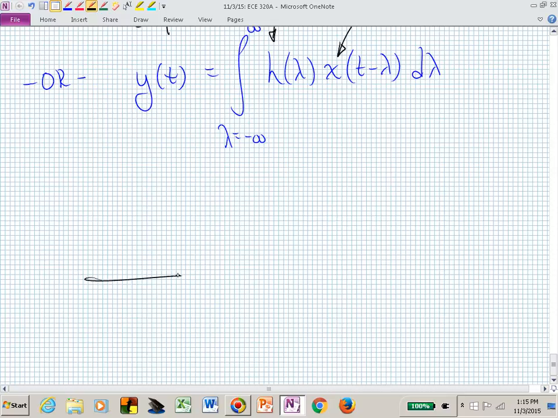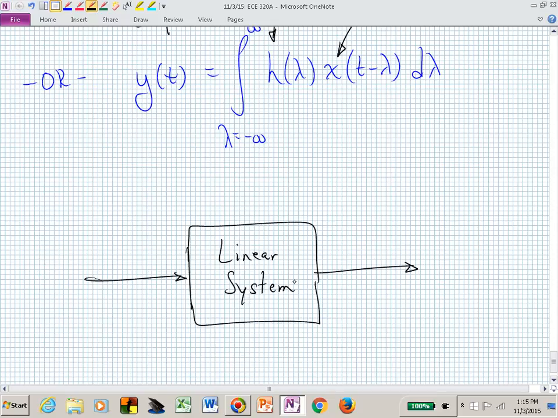The picture that you need to be thinking of now, you're moving, let's say, above just always thinking about circuits. Now you have some linear system we now can think of that as having some impulse response. That describes how this system behaves.